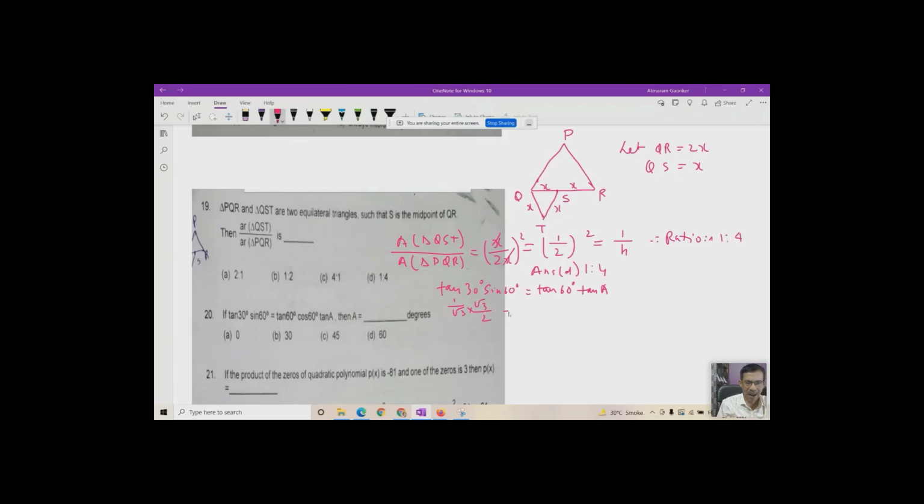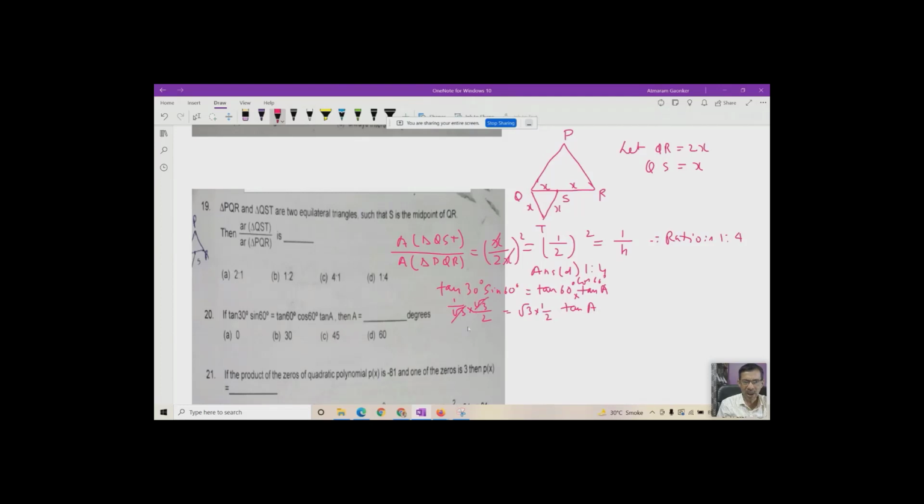So this is multiplied, and tan 60 is root 3. Of course, cos 60 is also there here, which I have not taken. Yeah, cos 60 is there, and this is root 3. Cos 60 is 1 upon 2. Tan A I will keep as it is.